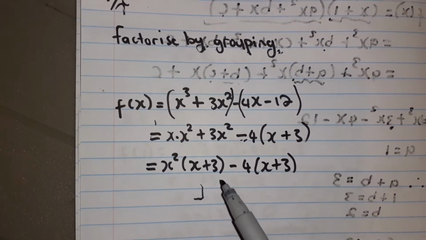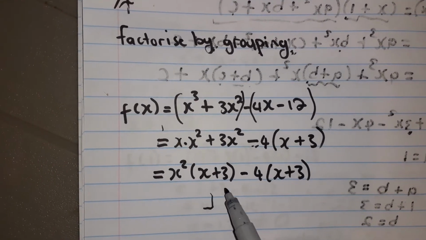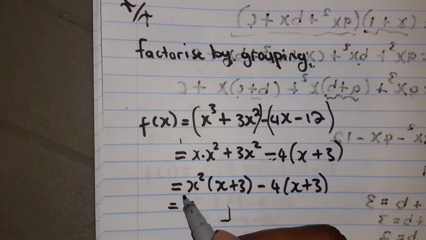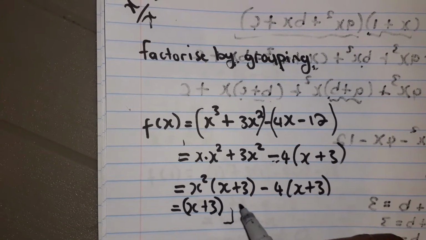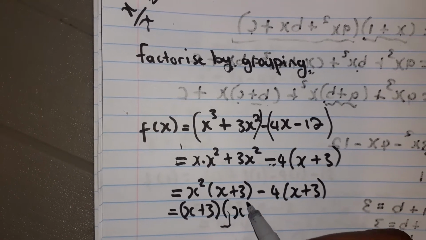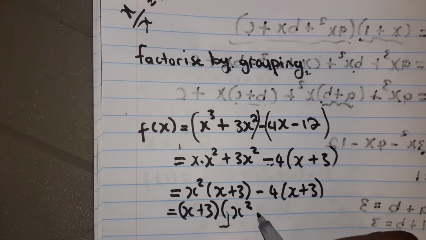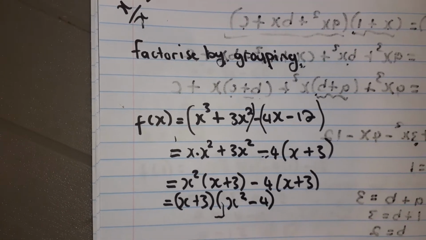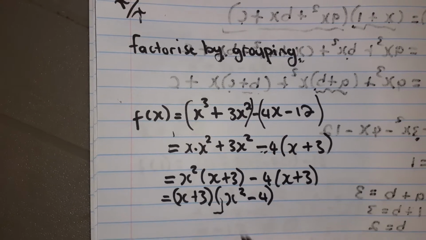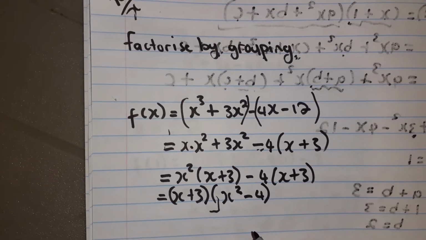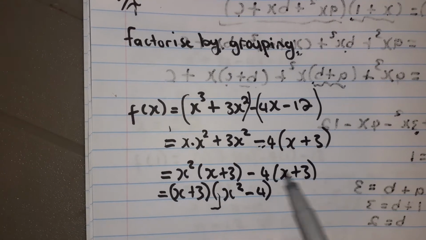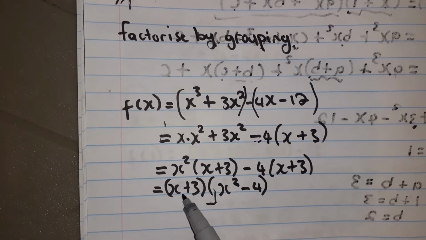So now we see we have a common factor, which is x plus 3. We can factor it out of the bracket. What remains from the first bracket is x squared, and what remains from the second is minus 4. Then the two sets of brackets now become the common factor, which is this.